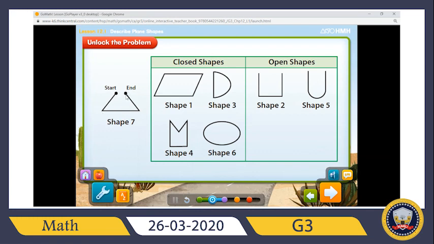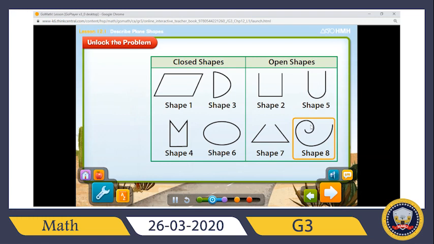So if they are different, I know it is an example of an open shape. Good job. What about shape 8? It starts from this point and it ends at another point. If the start and end points are different from each other, I know it's an example of an open shape.